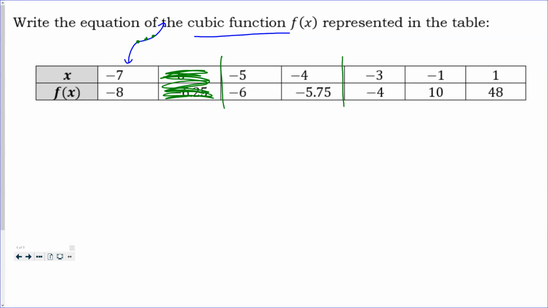Once you know your y's are really close to each other, it narrows down where your HK is going to be.